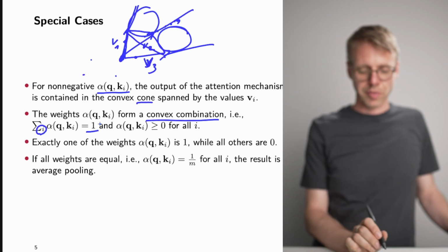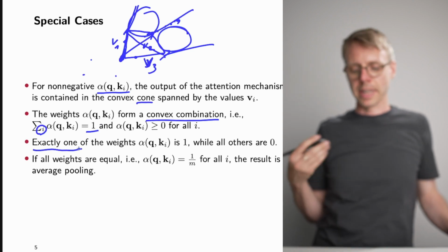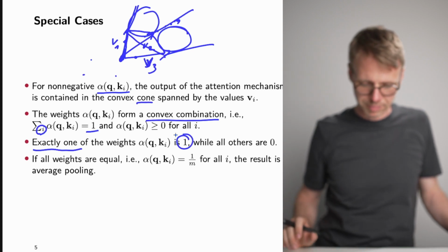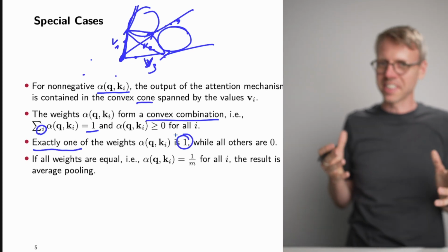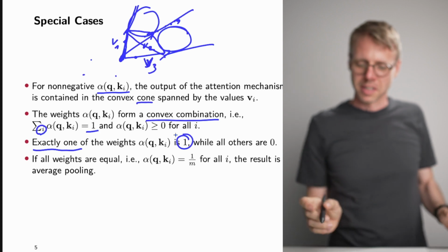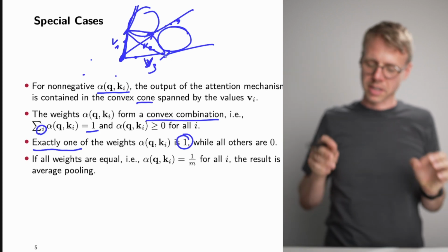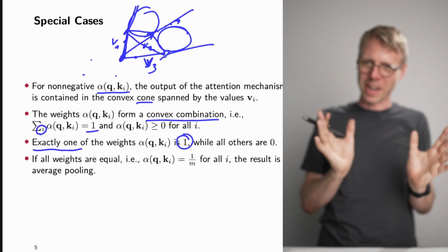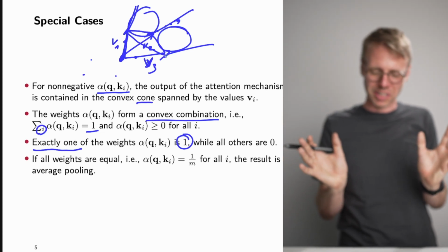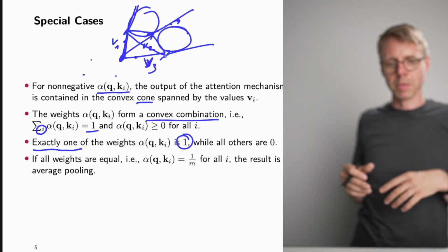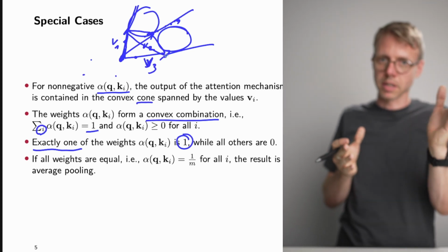And if exactly one of those weights would be 1 and all the others were 0, that's still a convex combination, but we basically build a convex combination by allowing the weighted sum only to pick a single one of these vectors. Then we are basically doing something that is very similar to max pooling, where you get a single value back.